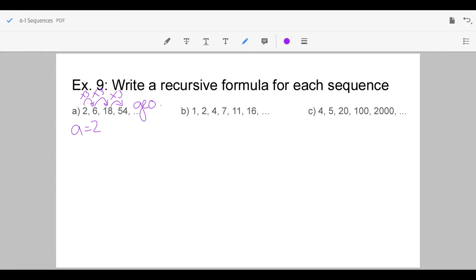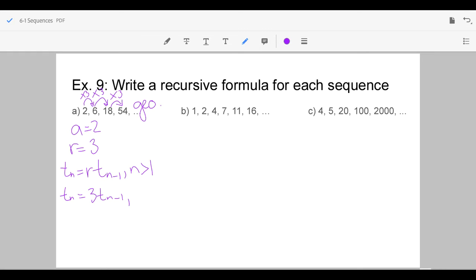a is 2, r is 3, and term n is equal to r times term n minus 1, where n is greater than 1. Plug in what we know. r is 3, term n minus 1.